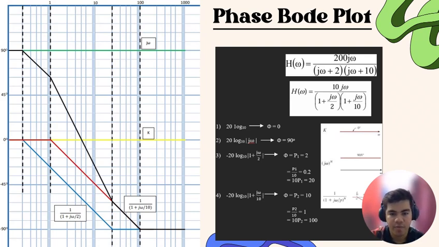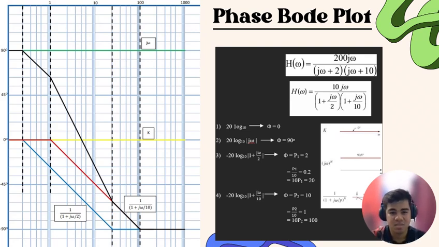And then number four, negative 20 log 10, which is 1 plus jω over 10, and the phase is 10. We got it from the equation, same as number three. And for the next step, p2 over 10, which is 1.